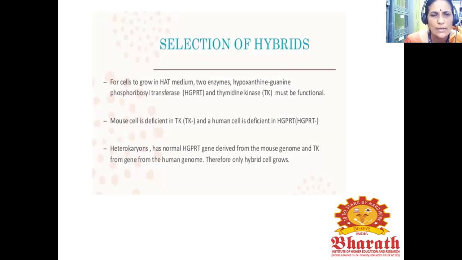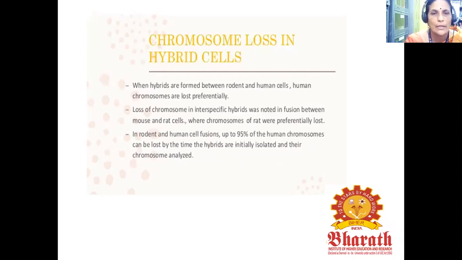The mouse cell is deficient in TK, so it is TK-minus, and the human cell is deficient in HGPRT, so it is HGPRT-minus. The heterokaryon has a normal HGPRT gene derived from the mouse genome and a TK gene from the human genome. Therefore only hybrid cells grow in the HAT medium.